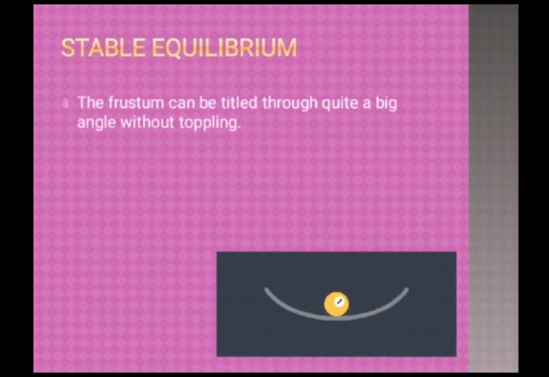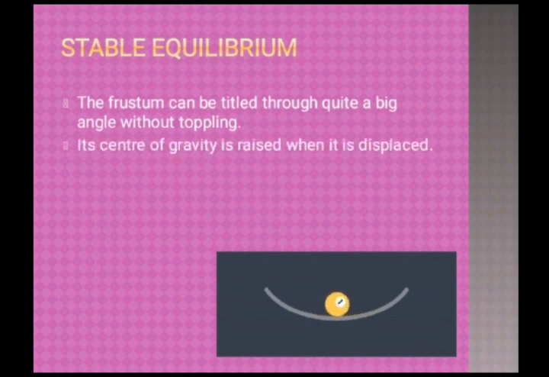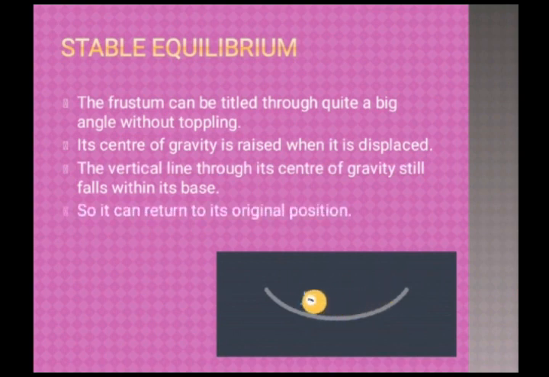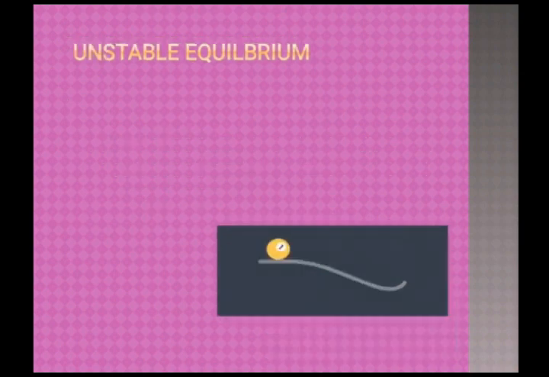The first stem can be tilted through quite a big angle without toppling. Its center of gravity is raised when it is displaced. The vertical line through its center of gravity still falls within its base, so it can return to its original position.